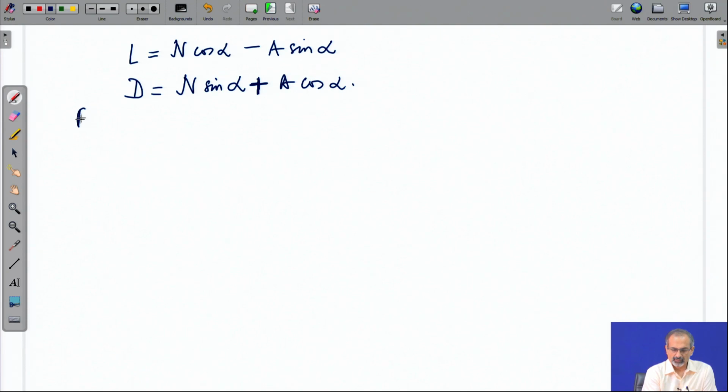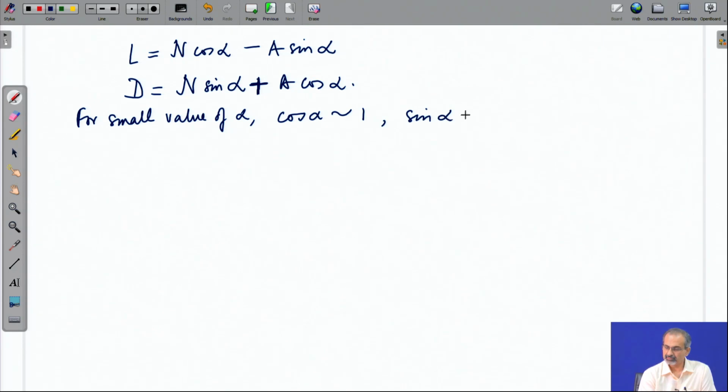And for small value of alpha, cos alpha would be approximately 1 and sin alpha will be approximately 0. And therefore, there is a significant simplification, that lift will be approximately equal to the normal force, drag will be approximately equal to the axial force.